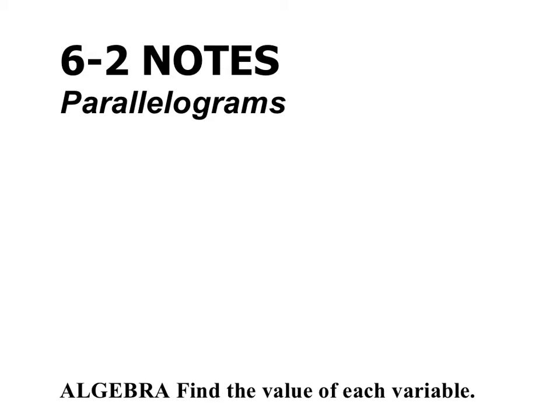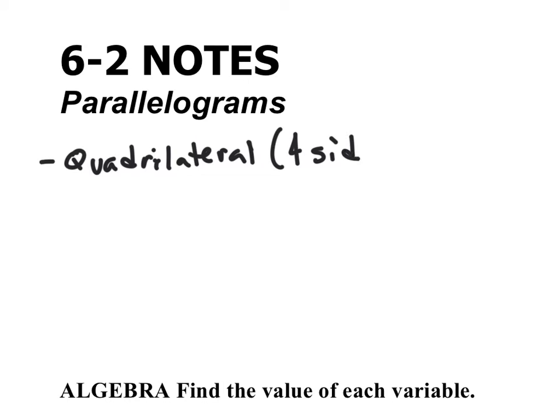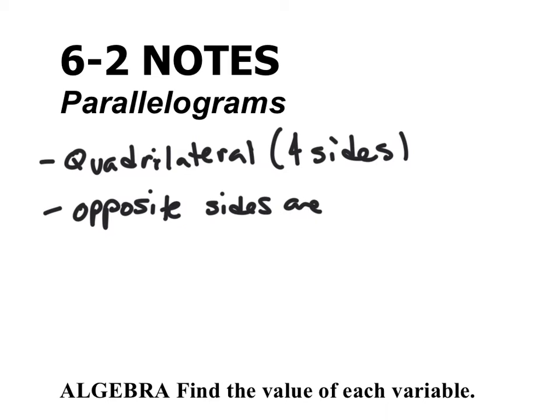A parallelogram is a four-sided figure. So it's a quadrilateral, which means it has four sides. A four-sided figure, its opposite sides are congruent and parallel.